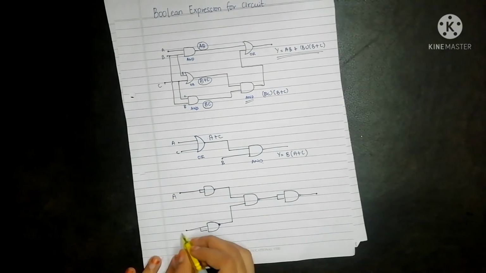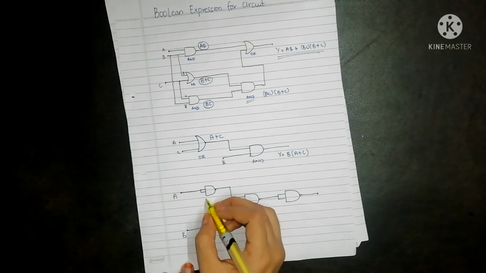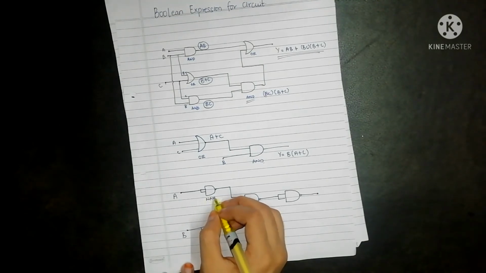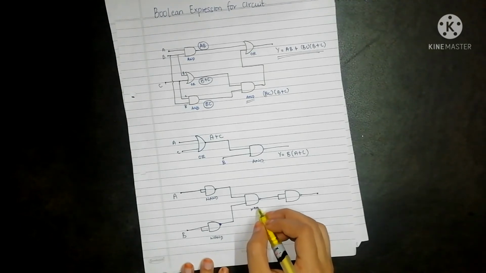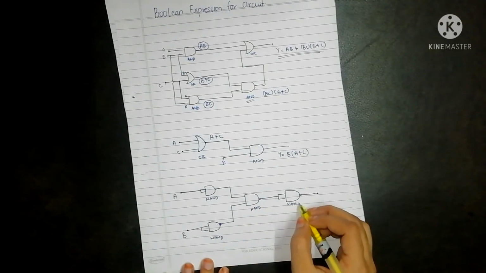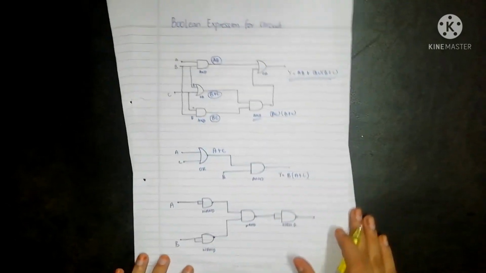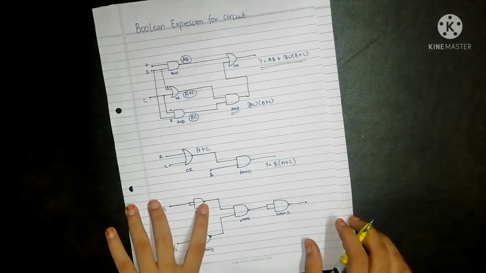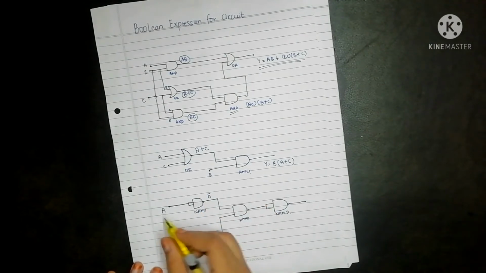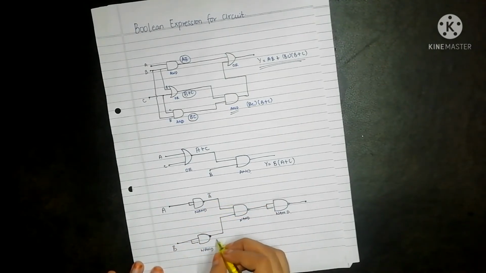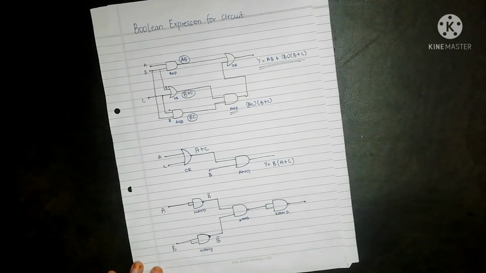The inputs are A and B. Here I am having a NAND gate, NAND gate, NAND gate, and NAND gate. The output when the inputs of the NAND gate are shorted is the complement of the input. So for A I am going to get A bar. Similarly for B, the output is going to be B bar.